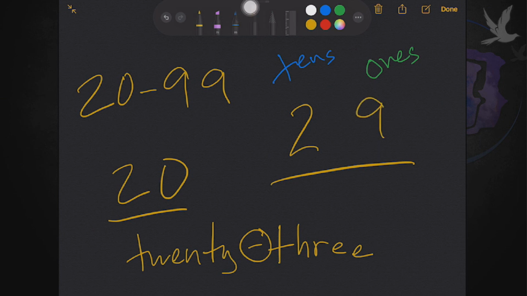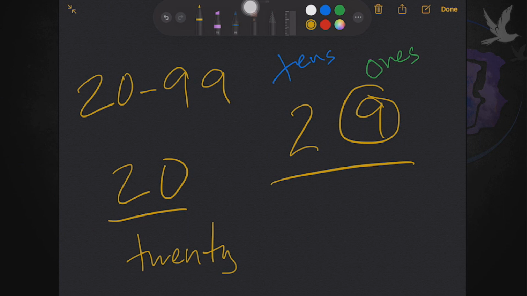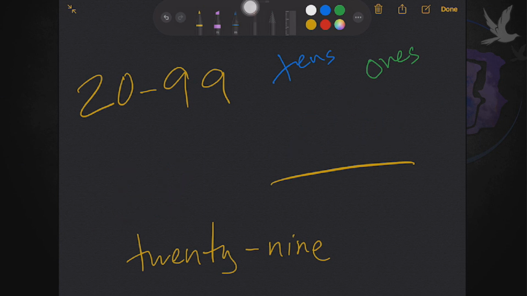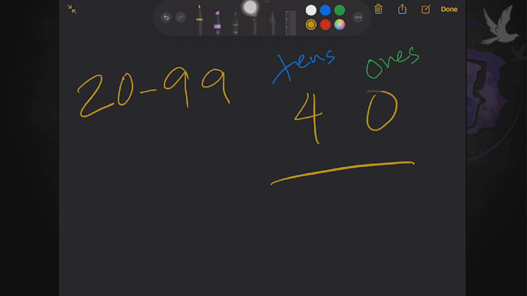Let's try another number, let's say 9. How do you read this? Knowing that this is read as 9, all you have to do is write 9. So that's a total of 29. Let's try to change the value in our tens. Let's take the number as 40.